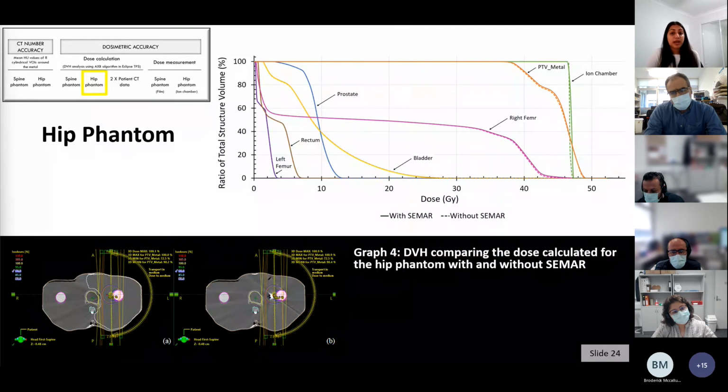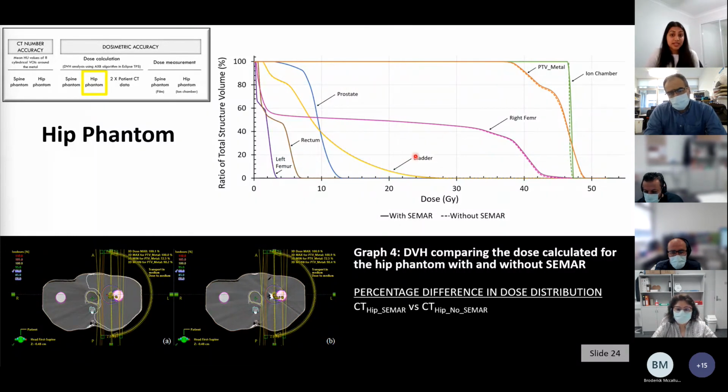Similar to the spine phantom, the same was observed for the hip phantom, where the percentage difference in dose distribution between hip SEMAR and hip no SEMAR for PTV D2 was 0.19%, while that for D50 was 0.17% and D95 was 0.31%.